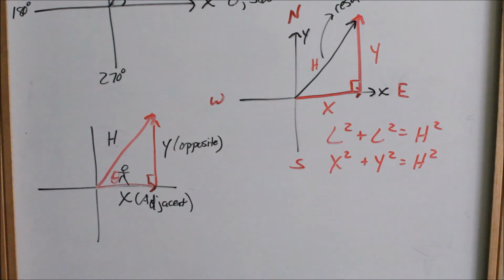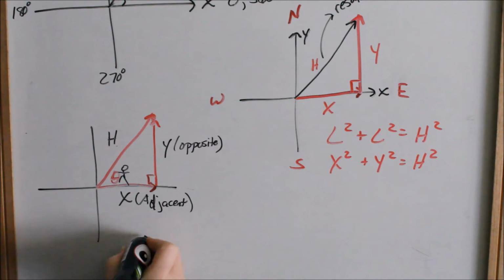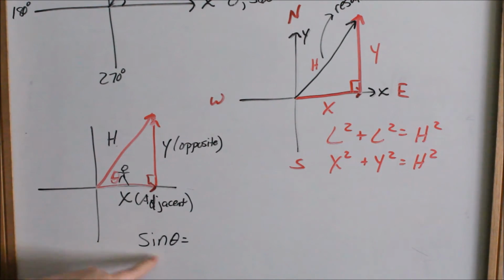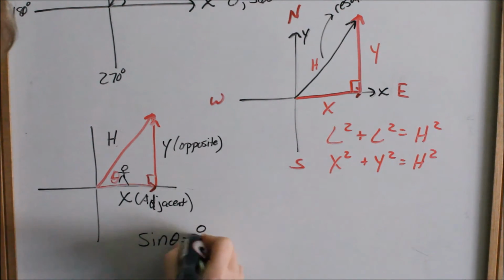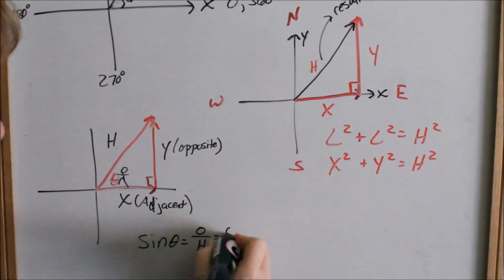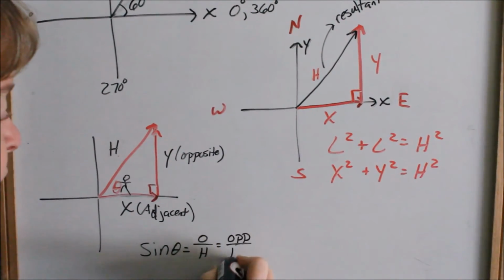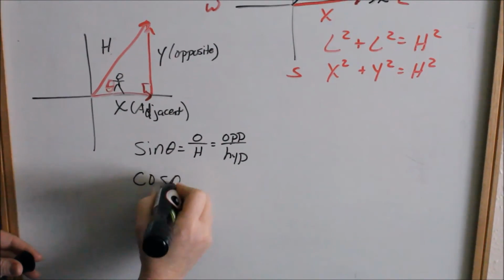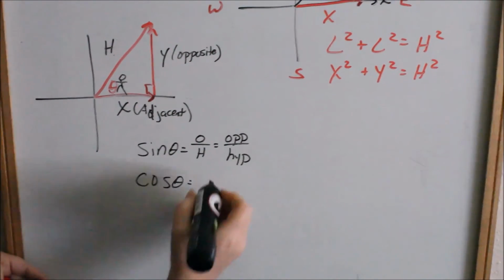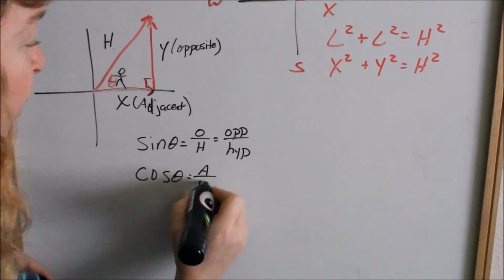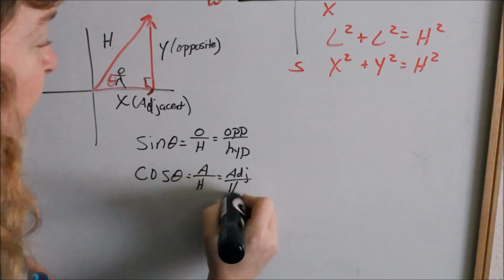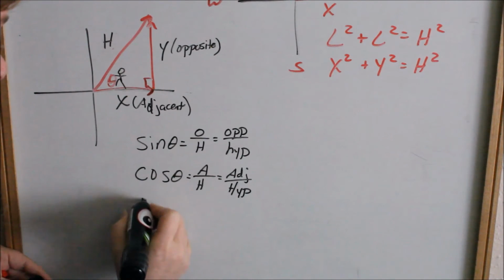Here are your three different trig functions. By definition, sine theta is opposite over hypotenuse. Cosine theta is adjacent over hypotenuse.